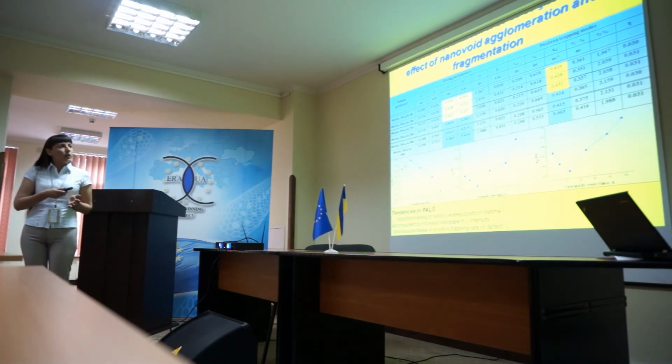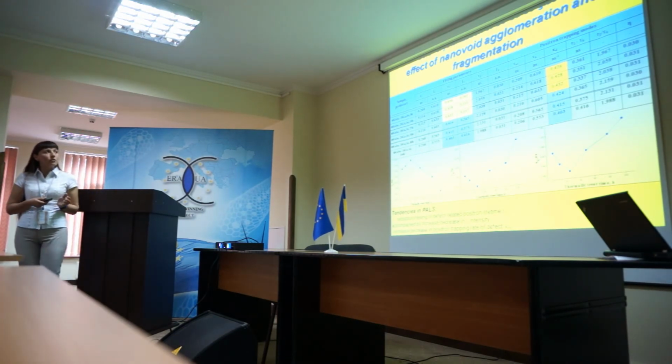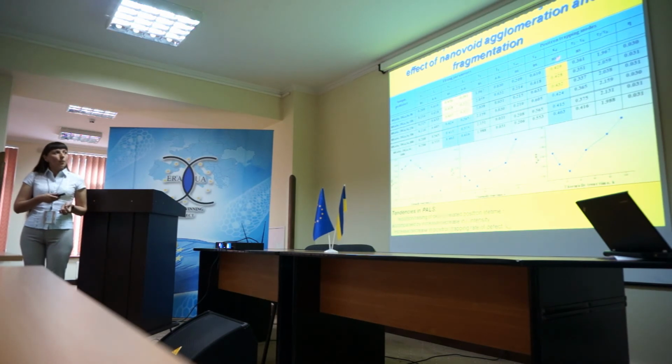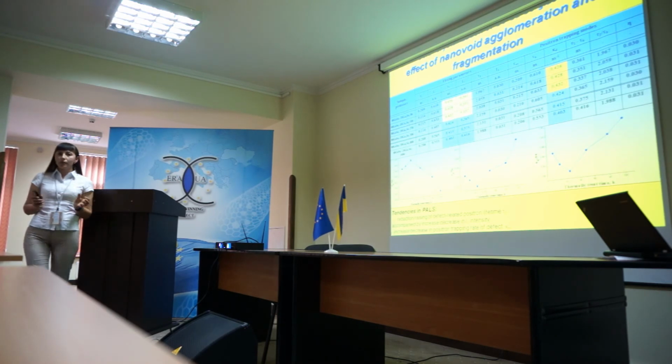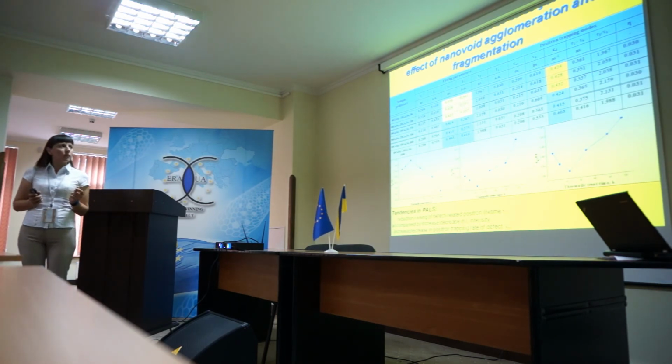Using positron trapping models, we calculate these parameters. And interesting for us, the positron trapping rate in defects reflects how many nanovoids are present in the materials, and how positrons can annihilate in these materials also.